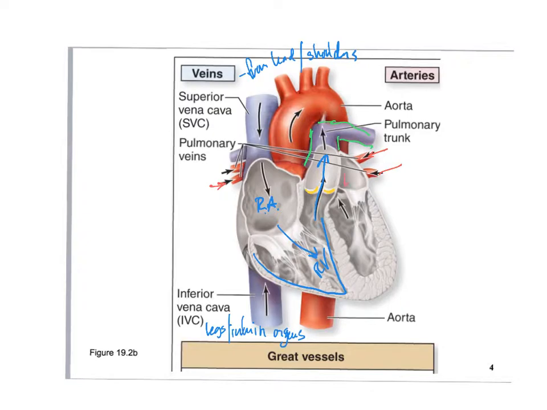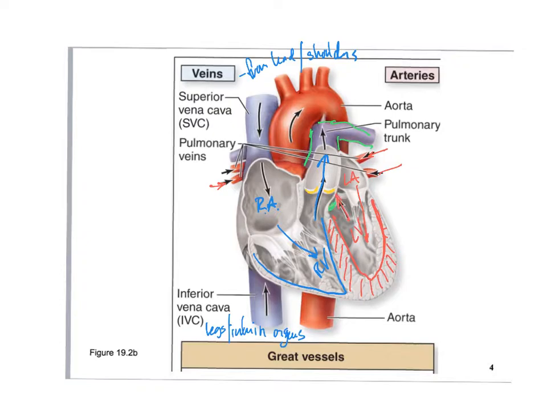Into the left atrium. Okay? Blood flows from the left atrium into the left ventricle. That is this right here. And you'll note the thickness of the wall. And then blood is pumped from the left ventricle out through these two guys right here.